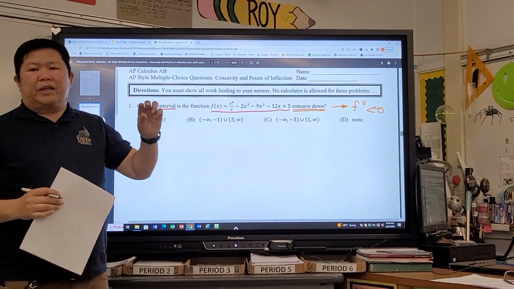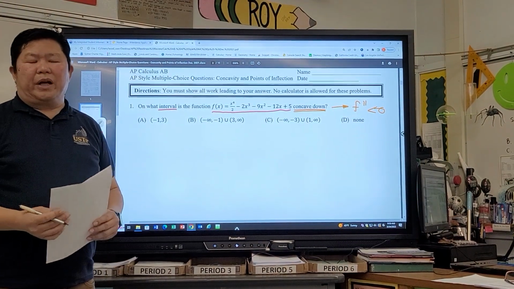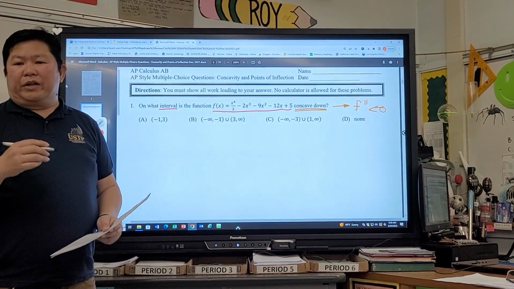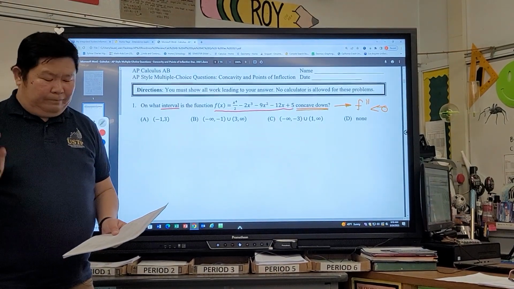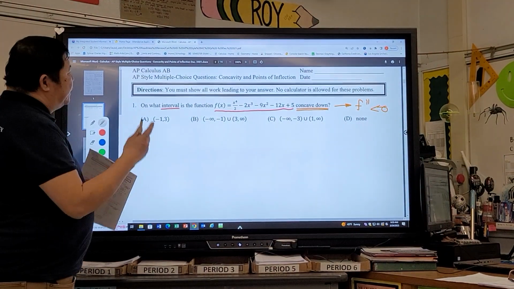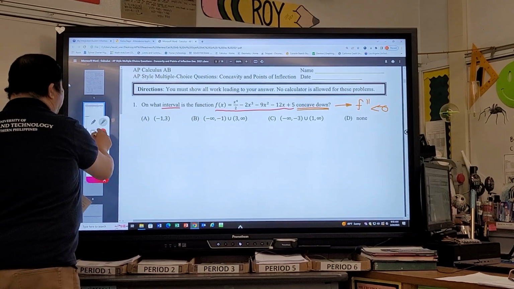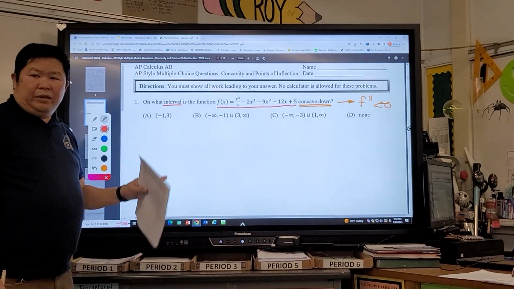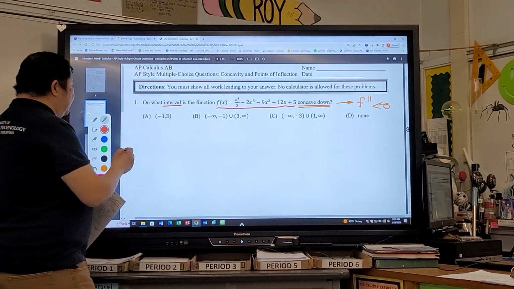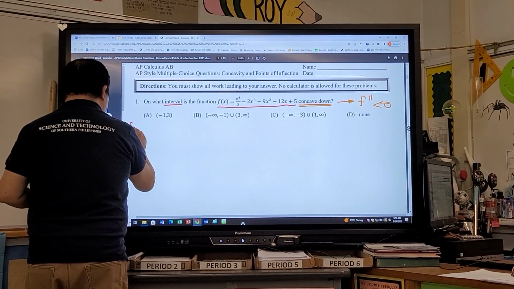However, if it says concave up, that means f double prime is greater than 0. So always remember that one, okay? What do you think is the first thing that we do? Of course, we have to take the derivative of f of x, the given function. So we do f prime of x.